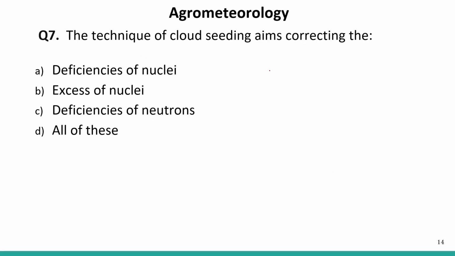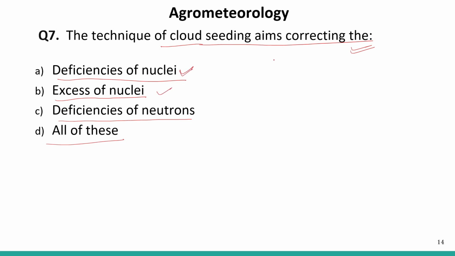Next question is, the technique of cloud seeding aims at correcting the... So why is it used? Deficiencies of nuclei, excess of nuclei, deficiencies of neutrons, or all of these. So first of all, let us understand what these nuclei are. These nuclei are actually the ice crystals that are naturally present in the air, right?